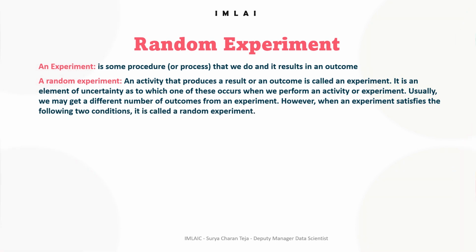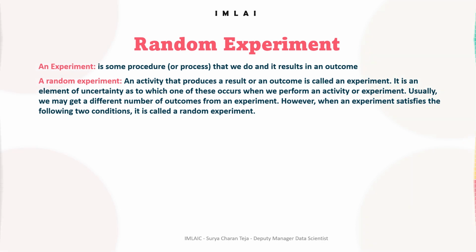Examples of random experiments include tossing a coin, rolling a dice, or drawing a card from a deck of cards. There is an element of uncertainty as to which one of these outcomes occurs when we perform the activity.